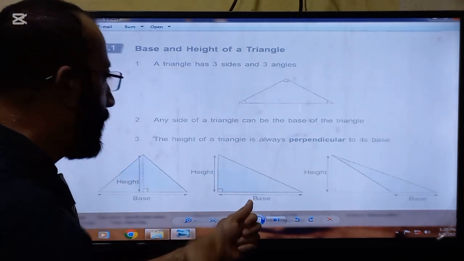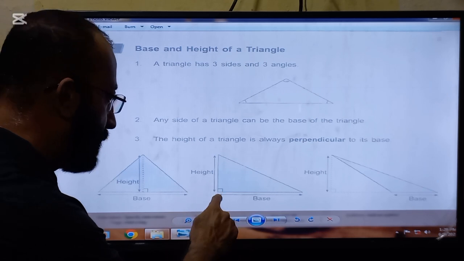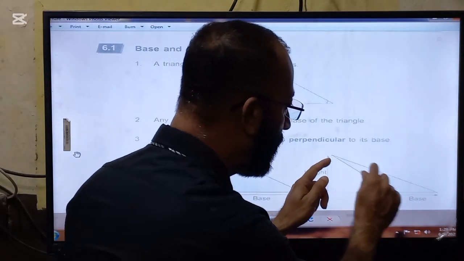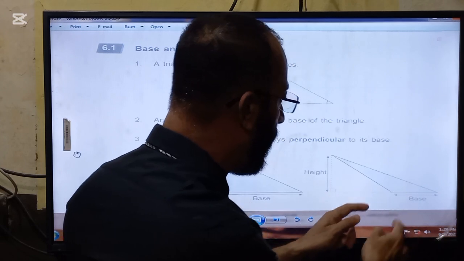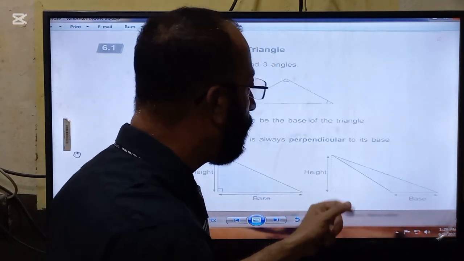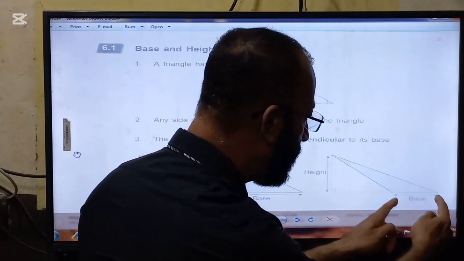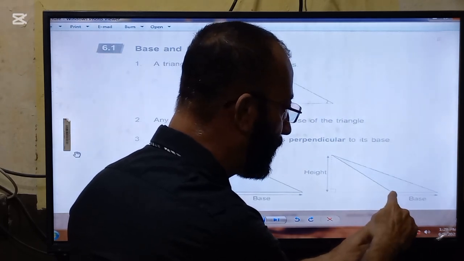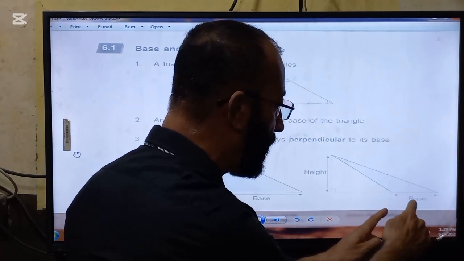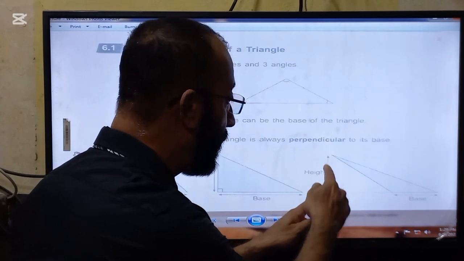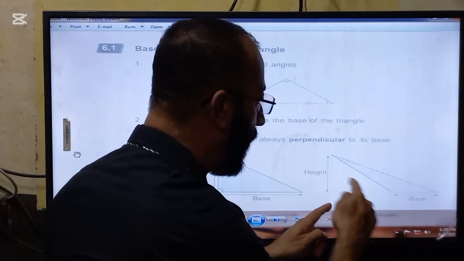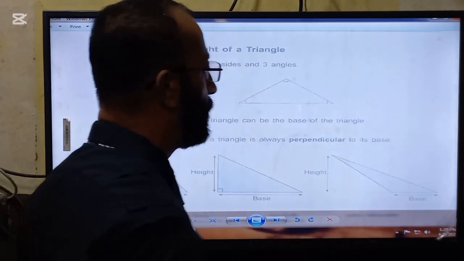If this is the base, look now, this blue portion is the triangle, not this part. If this is the base, this side will not be the height because it is not perpendicular to the base. This is the height because it is perpendicular to the base. So this is not the height. This will be the height.